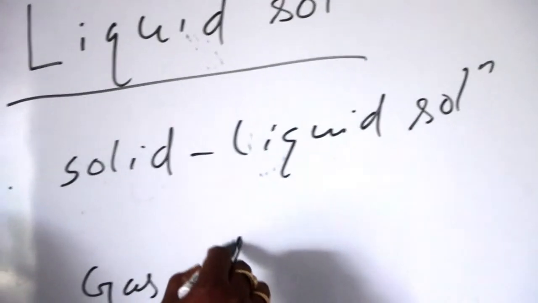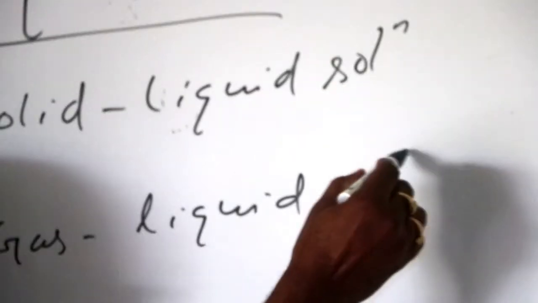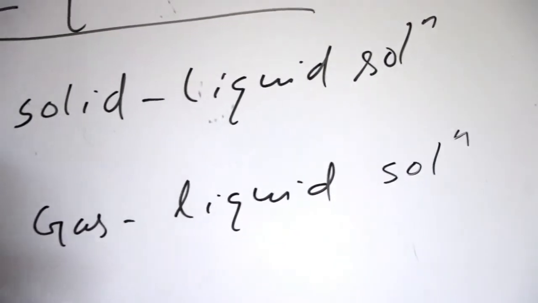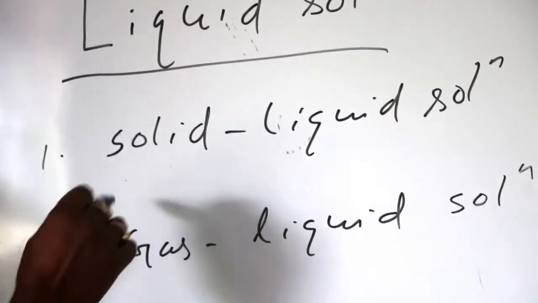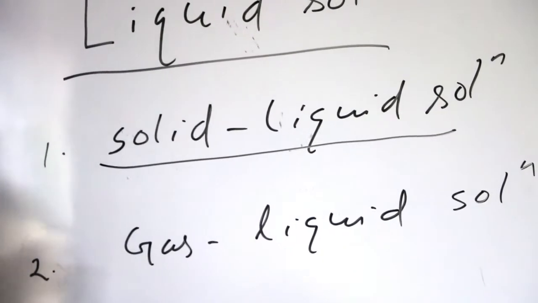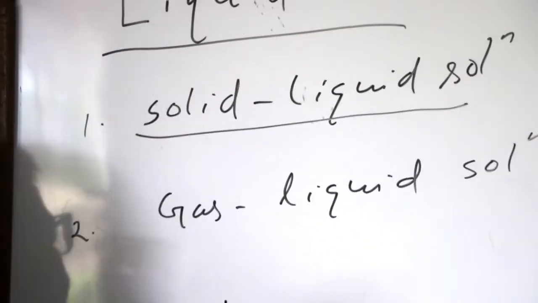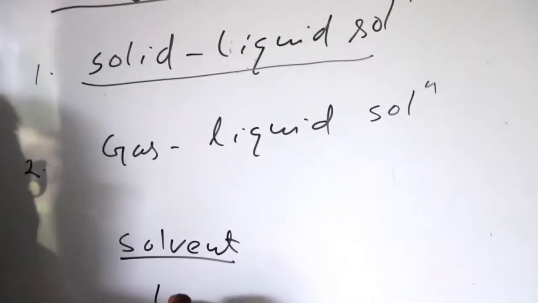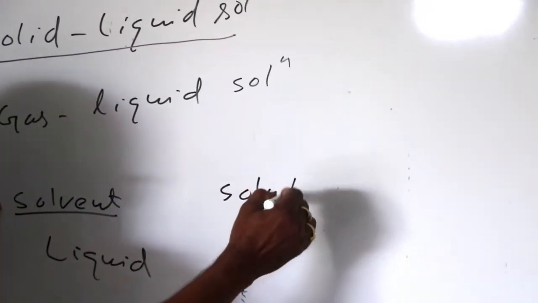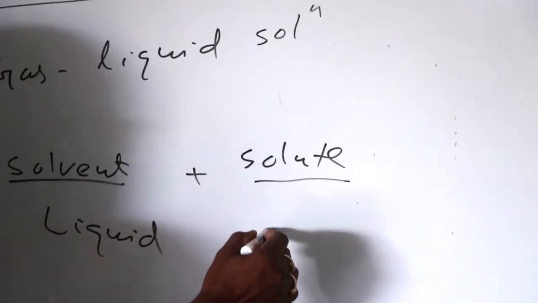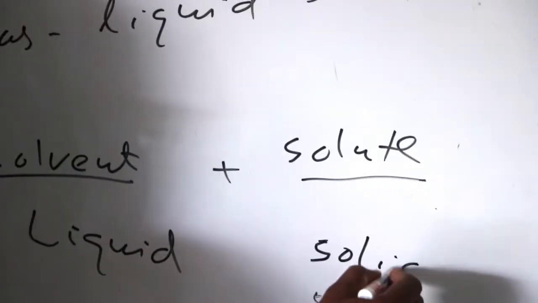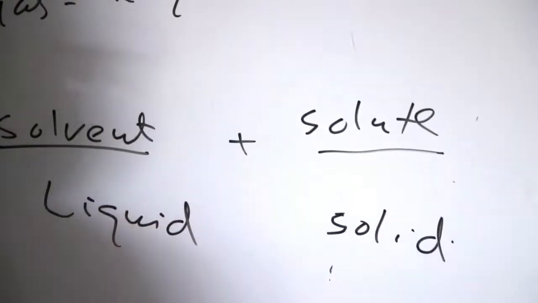These two are in the interest of this solution subject. Here, when we are considering the solid liquid solution, the solvent is the liquid, maybe water or any other liquid, and the solute is the soluble salt or a solid which is soluble in water.